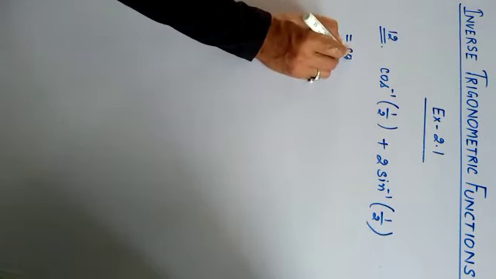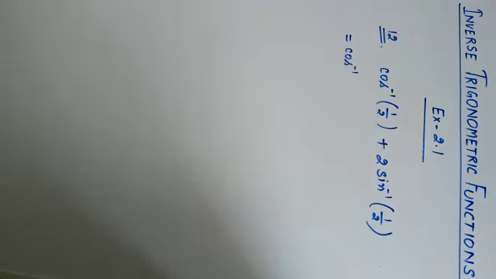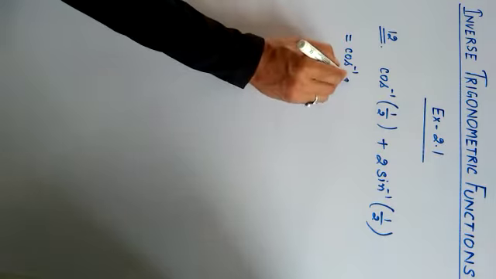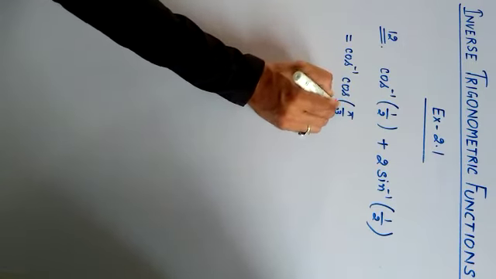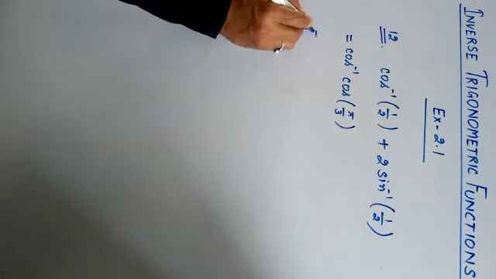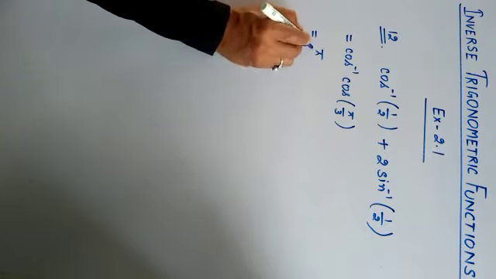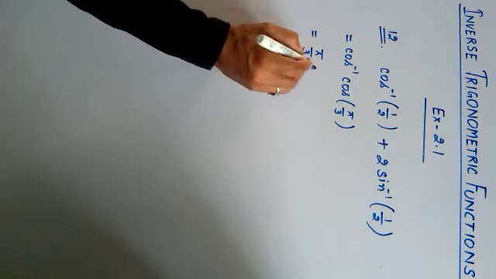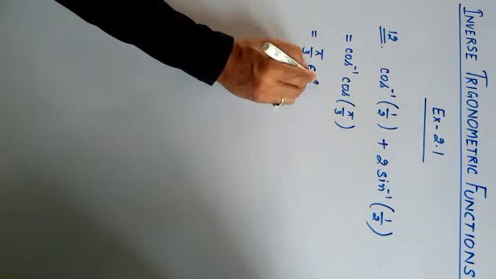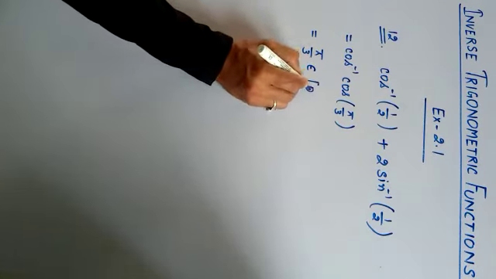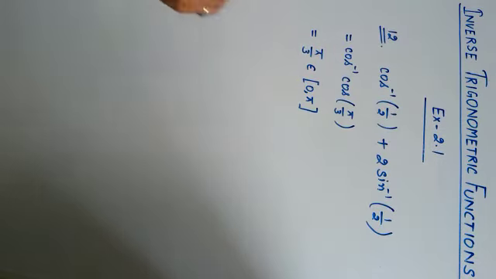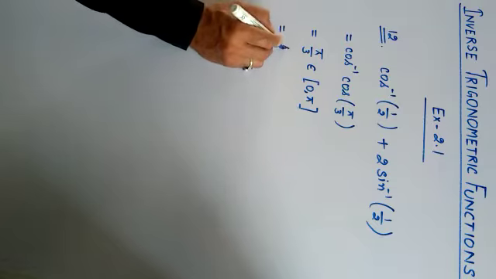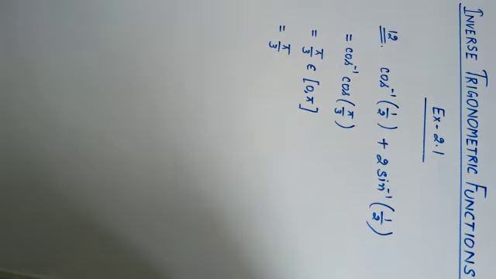So cos inverse, in place of 1 by 2 we can write cos pi by 3, which equals pi by 3, and this belongs to the range of cos inverse, that is 0 to pi. So the answer of the first half is pi by 3.